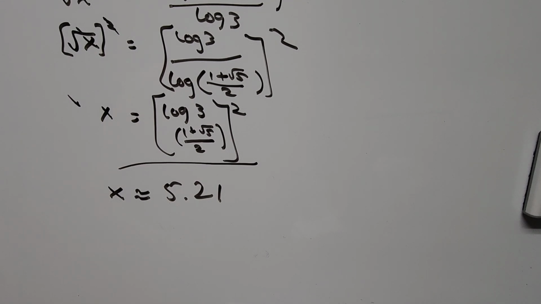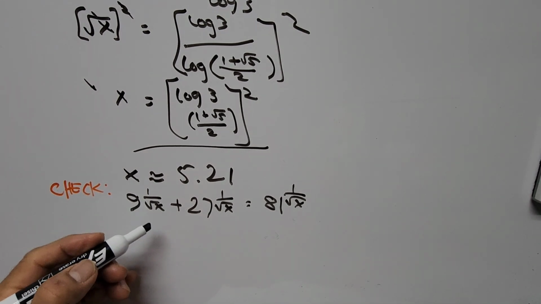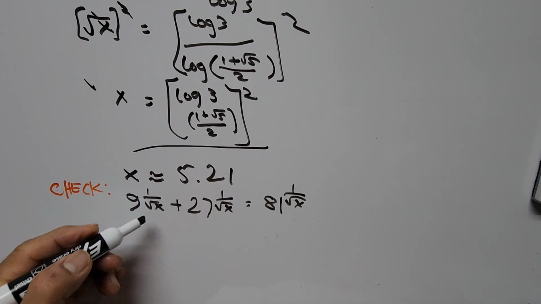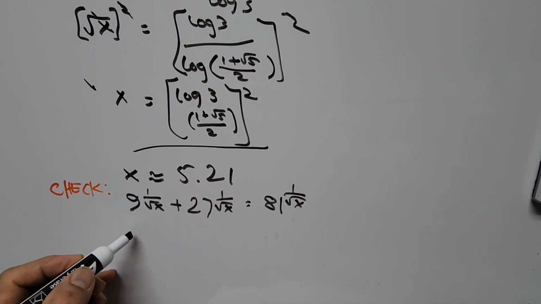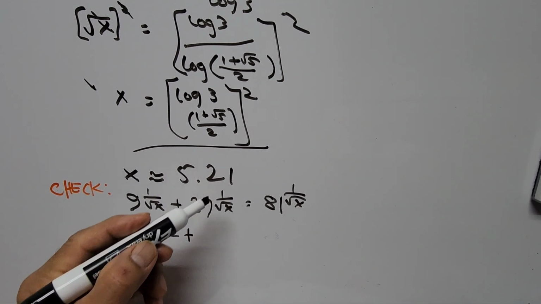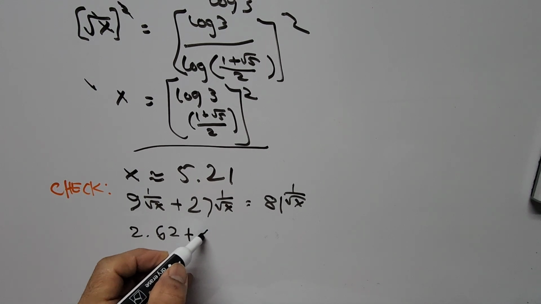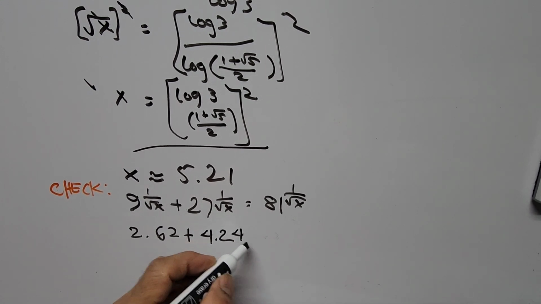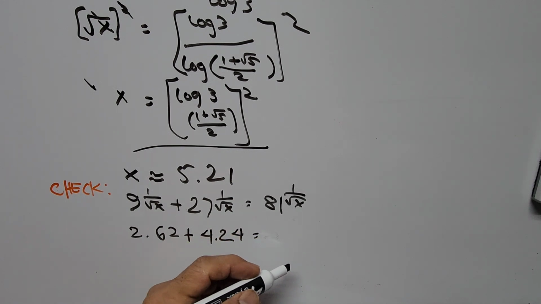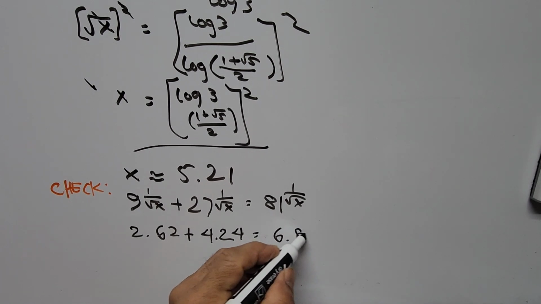The first term, 9 to the power of 1 over square root of x, is approximately 2.62, plus 27 to the power of 1 over square root of x, which is approximately 4.24, and 81 to the power of 1 over square root of x is approximately 6.86.